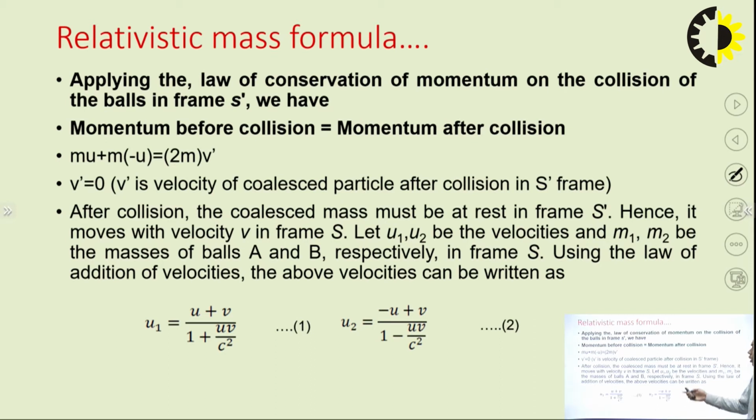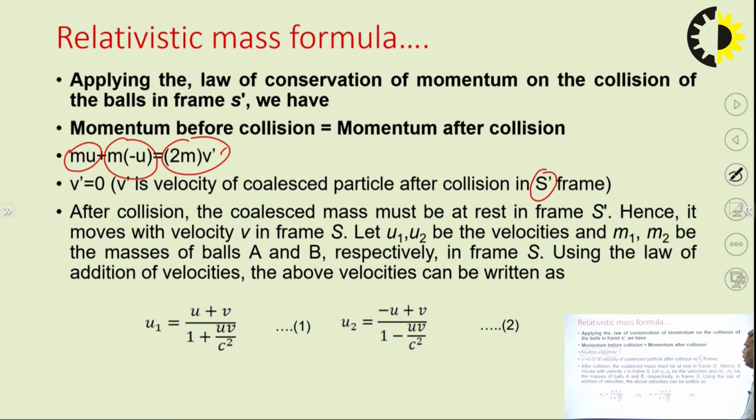This is m u, the momentum of the first body, and this is the momentum of the second body, and this is the total momentum after collision. This v is the velocity of the combined mass after collision with respect to frame S.